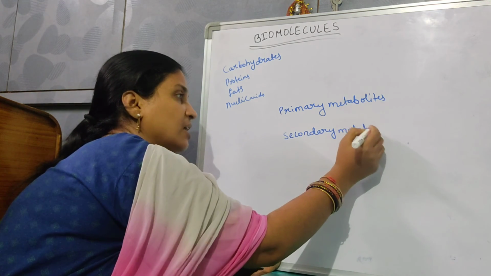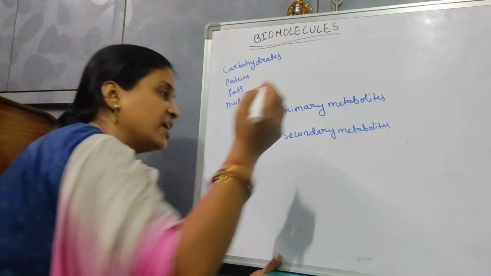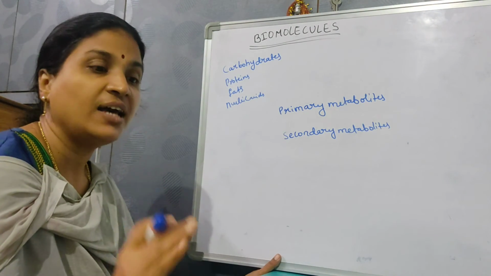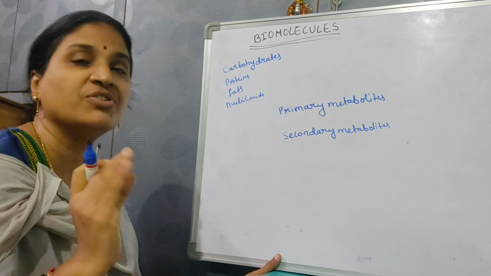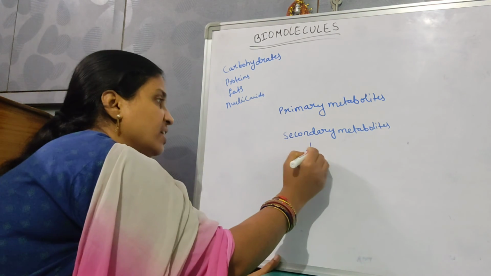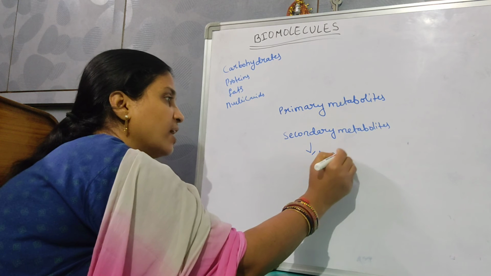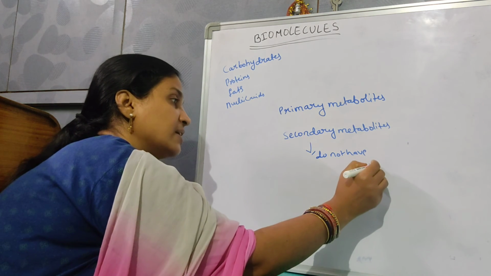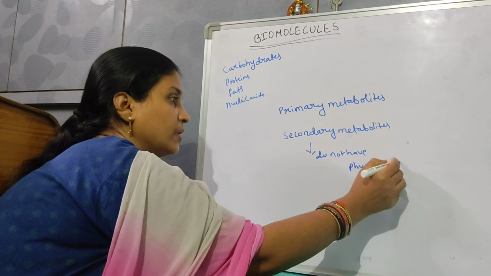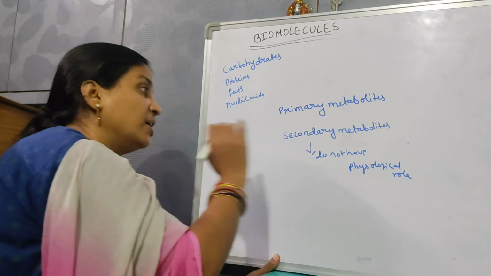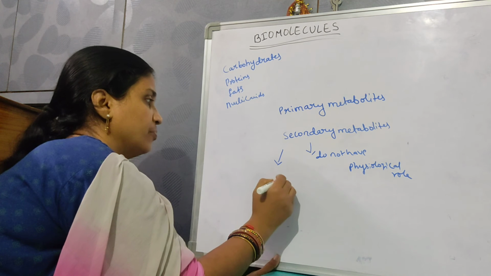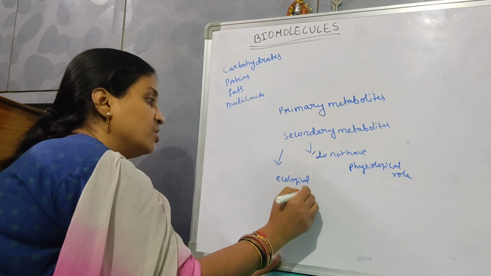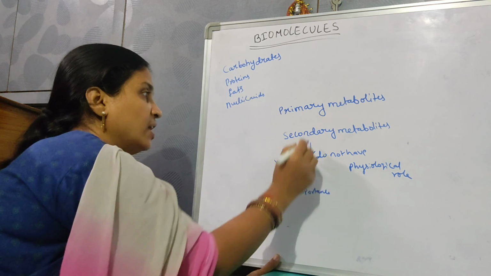Secondary metabolites are those chemical substances or biomolecules which do not show any identifiable physiological role inside the body. But ecological importance is there, very much ecological importance and value.